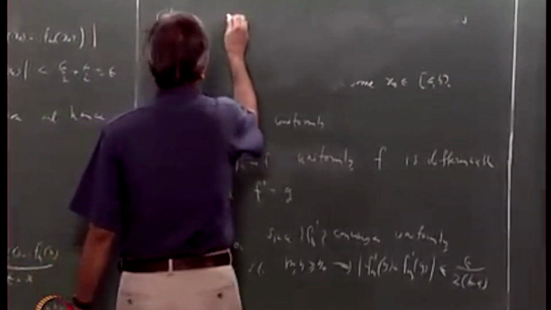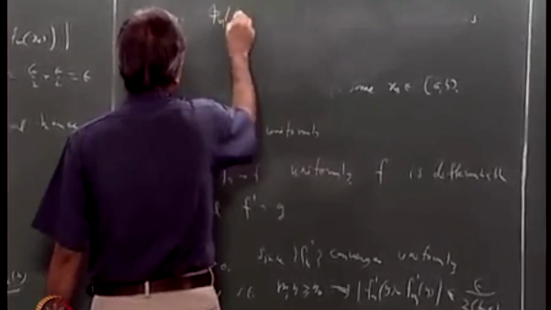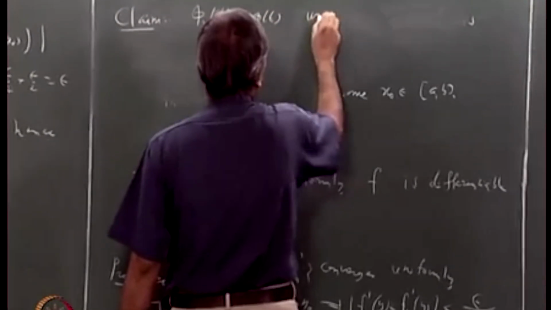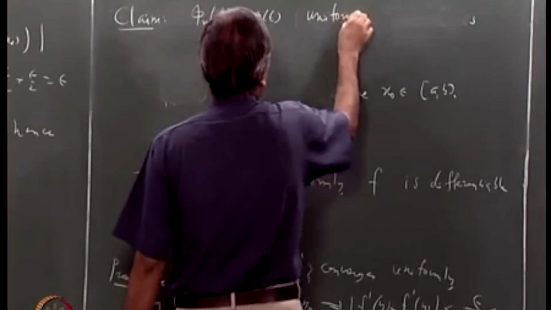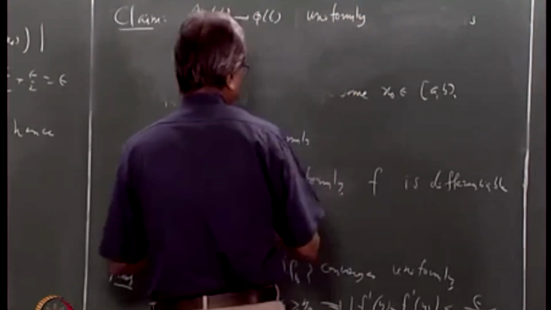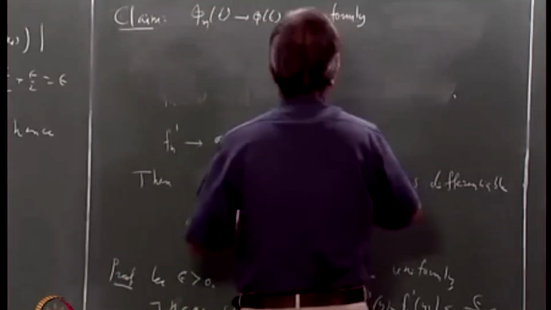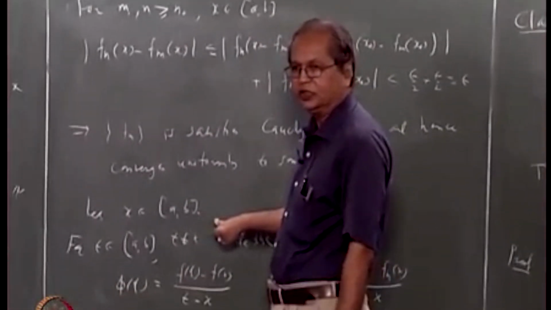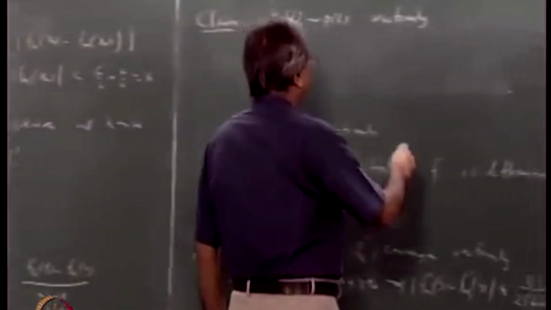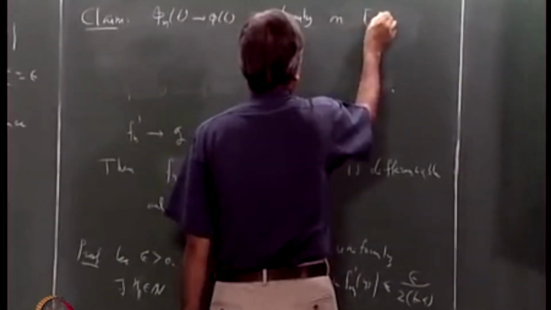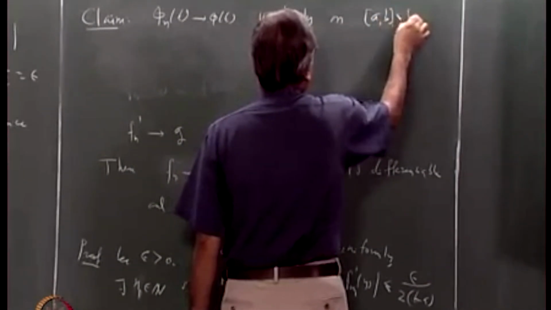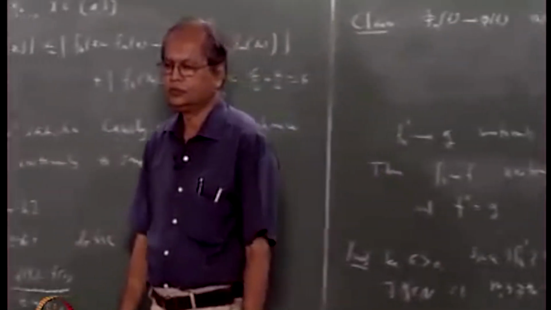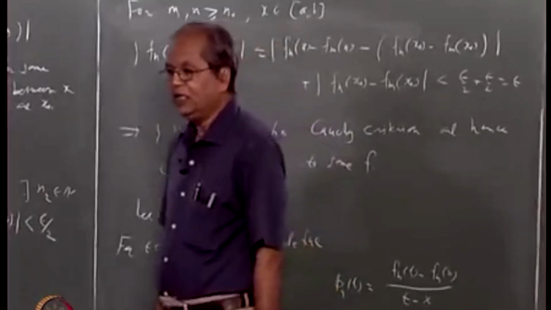I will say that phi n(t) converges to phi(t) uniformly, not on the whole interval (a,b), but uniformly on the interval (a,b) minus the singleton x. Let me remind you of our theorem about the limit.